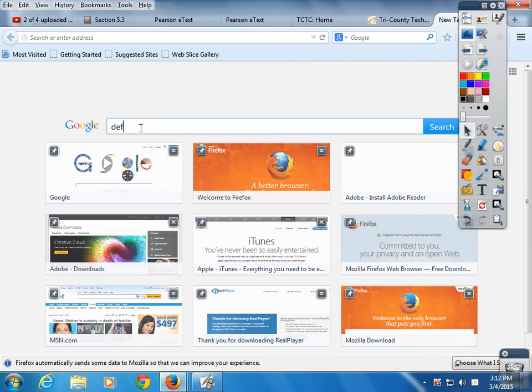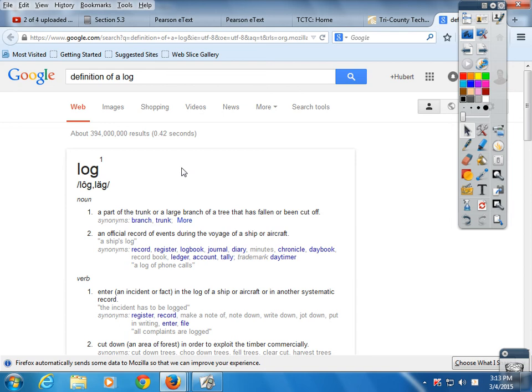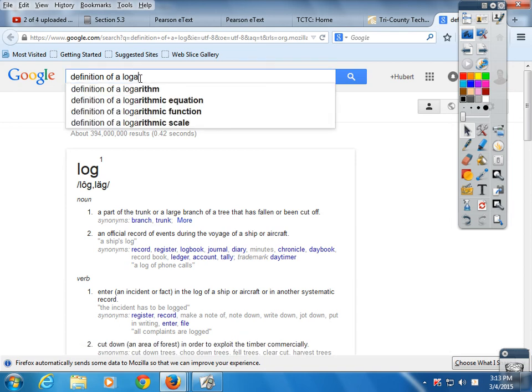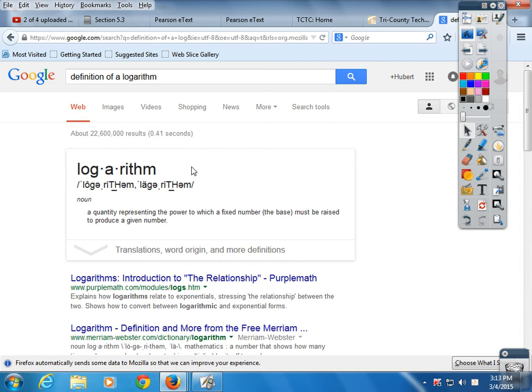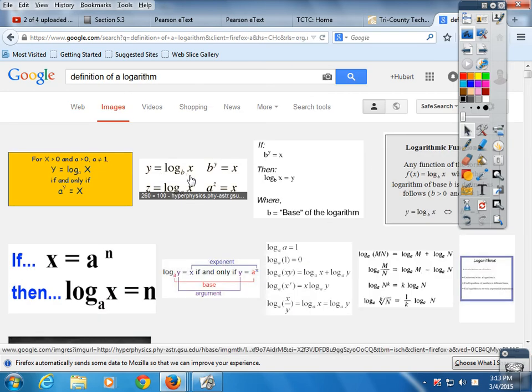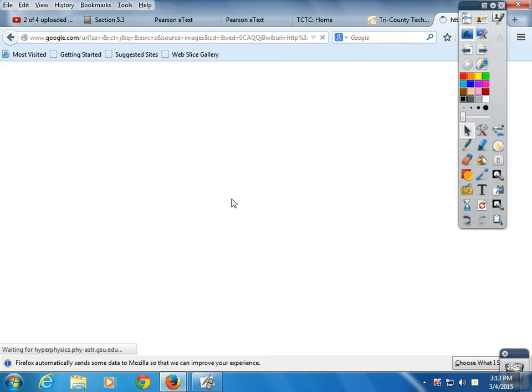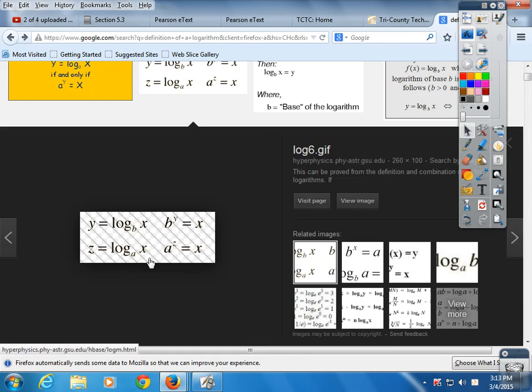Go to images. There we go. There's the one I pulled up right there.